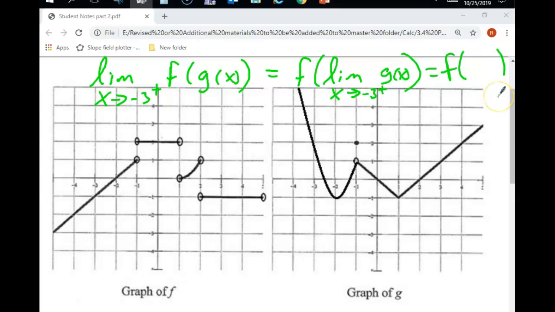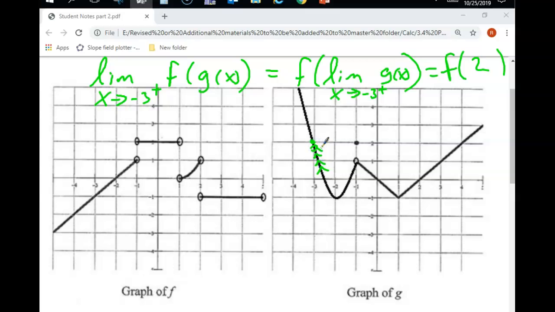Now, I'm finding the limit of g as x approaches -3 from the right. So what is the answer to that? What number? If I approach -3 from the right, what is it? 2. Now, let's figure out what we're approaching from. We're approaching it from the right side.